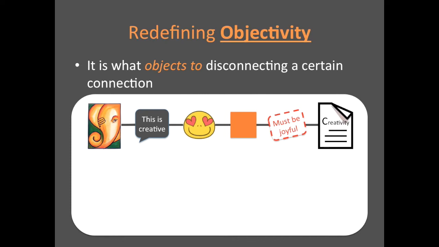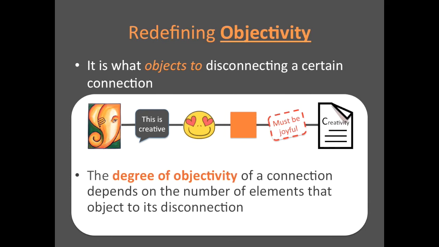This doesn't mean that they would necessarily convince my interlocutor or resolve the argument. What this means is that creativity can fluctuate in terms of degrees of objectivity. More precisely, we can say that the degree of objectivity of a connection depends on the number of elements that object to its disconnection.